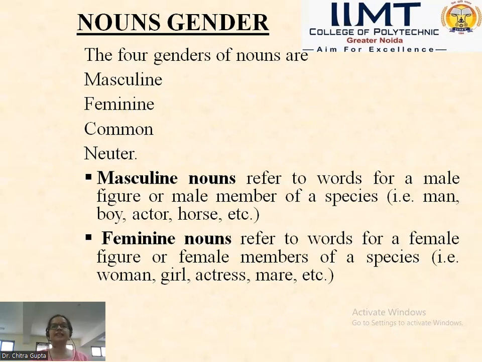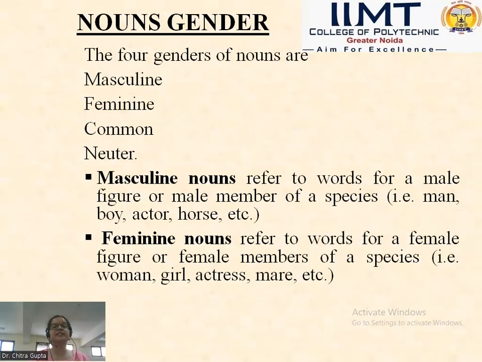It is related to male species also, whether animals, birds, reptiles, anyone else. But masculine basically is related to male gender. For example, boy, actor, horse, man, dog, donkey, and so on.